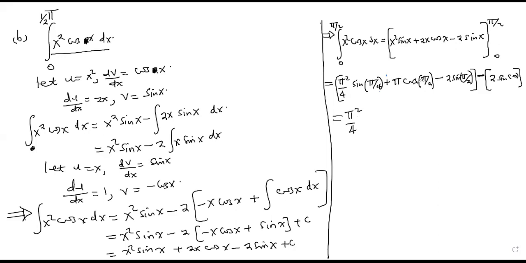Cos pi over 2, of course, this is cos 90, which is 0. The whole of this is 0. Minus sine pi over 2, 90 over 2, sine, that is a 2. It will keep as a 2. Then minus 0. So one can finalize as pi squared over 4 minus 2. Or you can put your calculator in radians and you evaluate these figures.